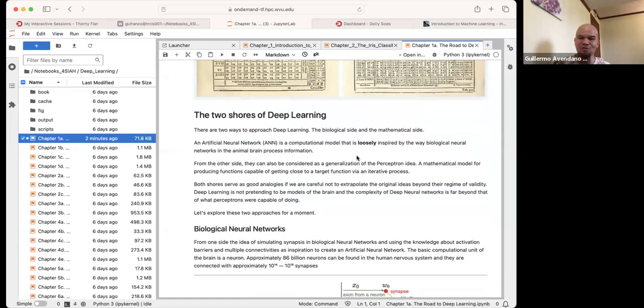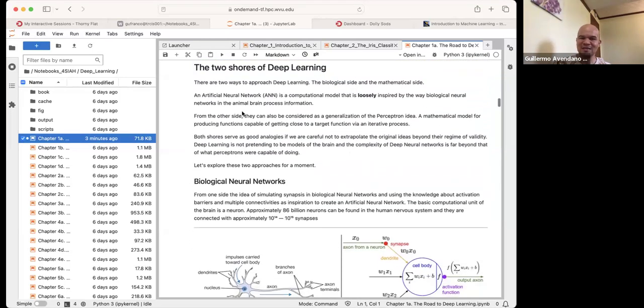Okay, so there are two what I call shores or origins, or ways of introducing the basic blocks for what we call deep learning or neural networks. One is the idea of artificial neural networks.